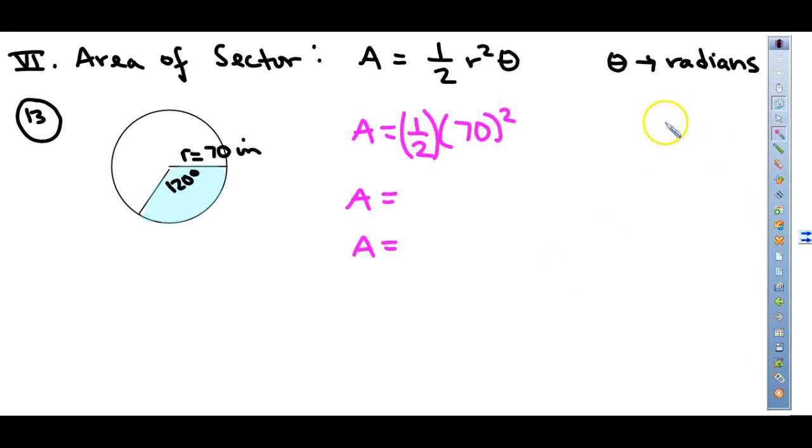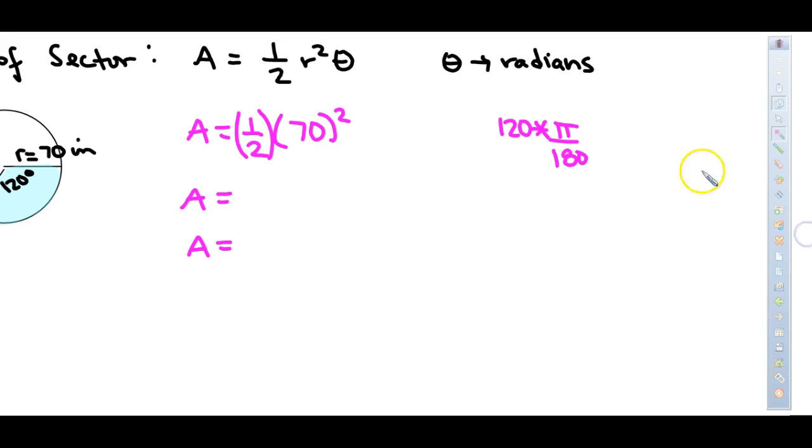Okay. So I need to change that 120 to radians. Or you can look at your unit circle, and you actually maybe should have that memorized, and you would know that this is actually going to be 2 pi over 3. So I'm going to multiply this by 2 pi over 3.